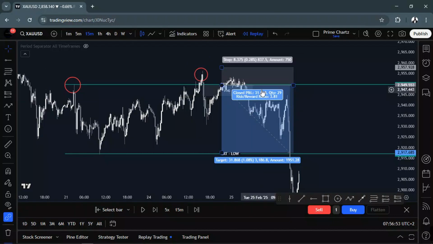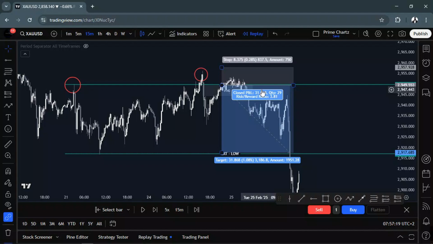Alright, traders, as you can see, the setup is complete and the setup was perfect. And of course, ladies and gentlemen, this setup does not play out every single day. Just like any other strategy, it does not work every single day, right? But this is a very powerful model and you can make a lot of money by applying it properly, right?